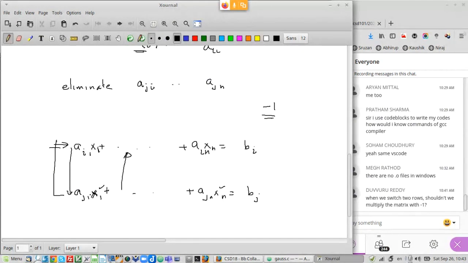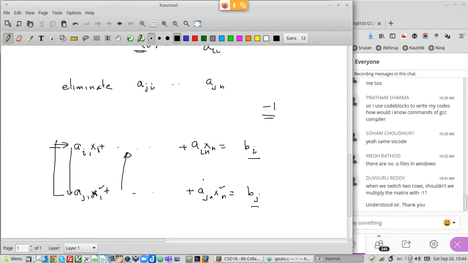Because these are just saying that if you multiply aj1 x1 and so on, you get bj, and this is saying that if you multiply x1 by ai1 and so on and so forth, you will get bi. So if I interchange these two, that does not change at all. So in the Gaussian elimination process, exchanging does not lead to any multiplication by -1, because we are not computing the determinant. If you're computing the determinant, yes, you are right. Then you have to multiply.